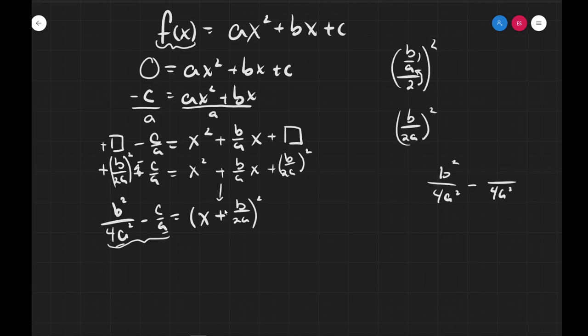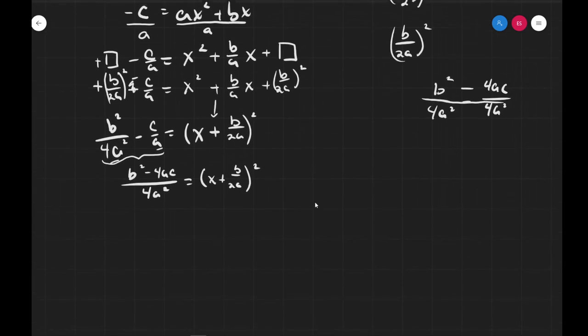So c times 4a gives us 4ac. And then once we have that, we can subtract these two and turn this into one big fraction. So that's going to give us b squared minus 4ac all over 4a squared equals x plus b over 2a squared.